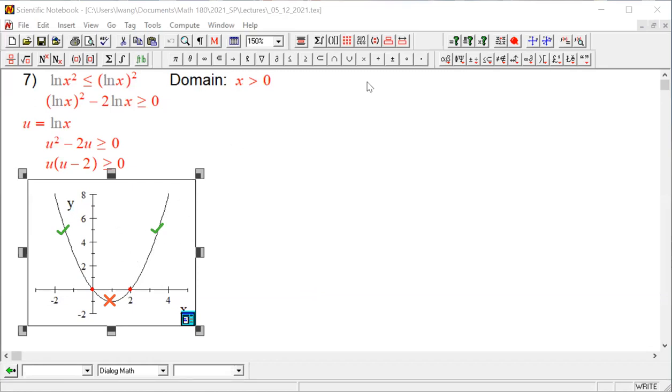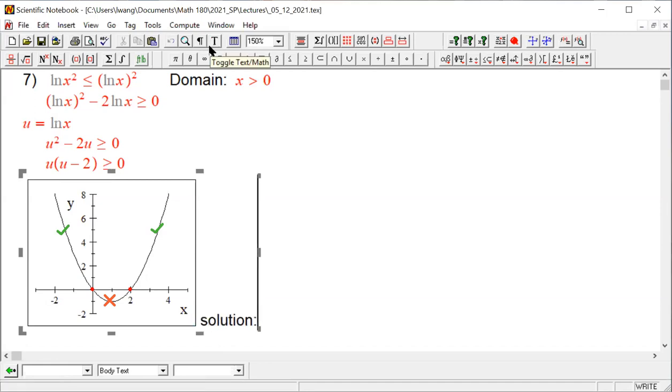So where do we get the solution? The solution for u, right? So u less than or equal to 0, or u greater than or equal to 2.